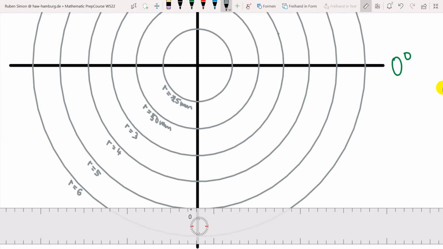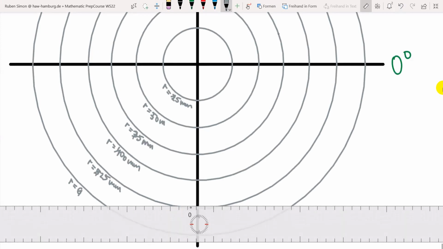Sorry, 75. Damn it. See, I can't erase without erasing the circles. That's pretty annoying. So this one is going to be 75 millimeters, this one is 100, 125, and 150.